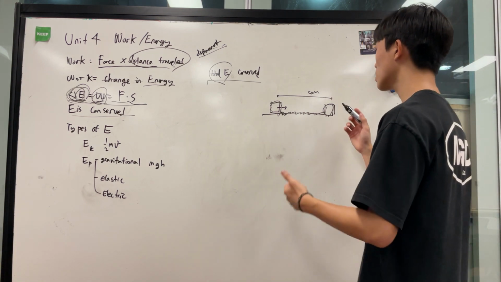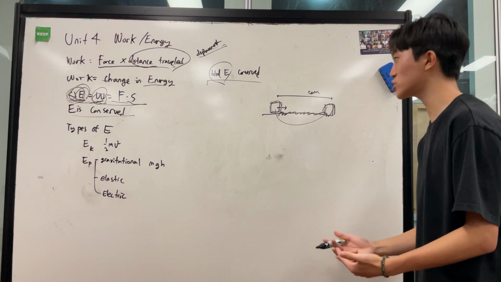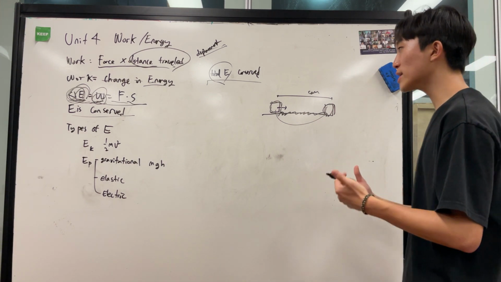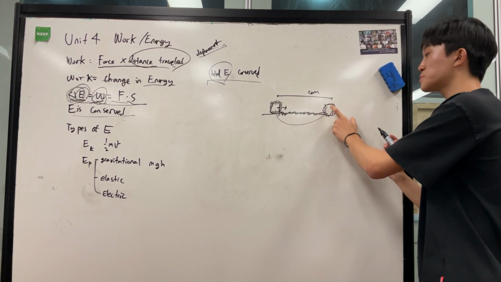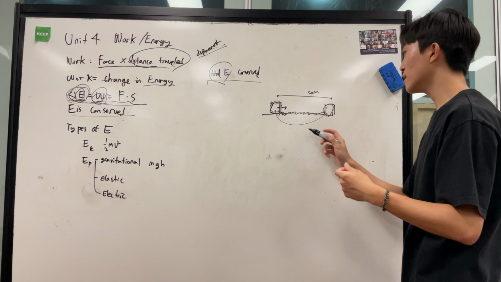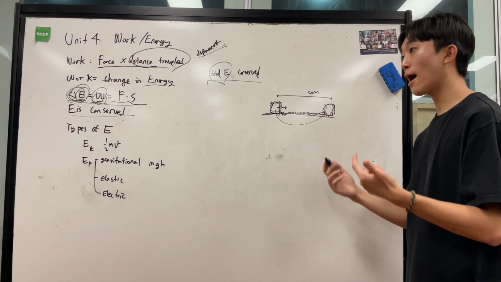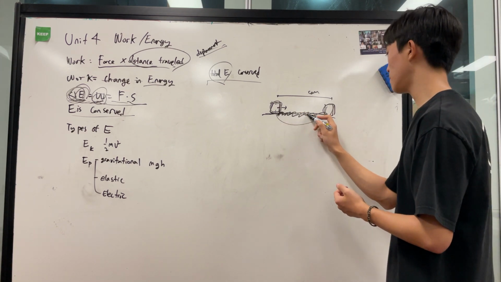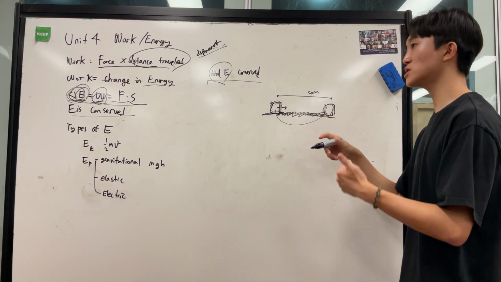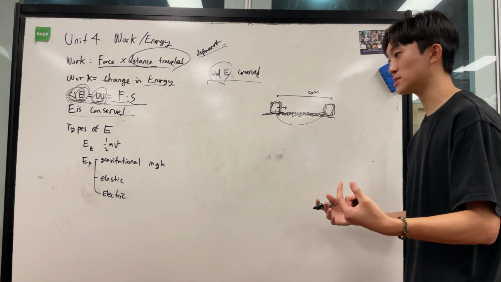The energy has changed. However, the total energy did not change. If this box slows down and stops eventually, that means that the box has done work onto the surface. How? Well, the box, by friction, has heated up the surface. It increased the temperature. It increased the energy temperature-wise.